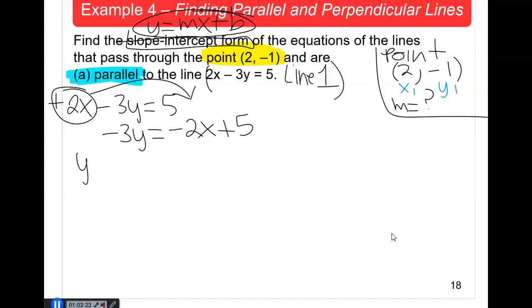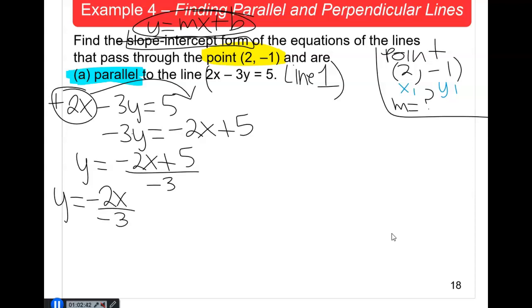From here, the negative 3 is clearly multiplying the y because there's no sign in between them. So the negative 3 is going to come across the equal sign and it's going to be dividing. The negative 3 divides both terms, the negative 2x, I call this splitting the fraction, plus 5 over negative 3. At this point, we have a double negative, and that will give us a positive.